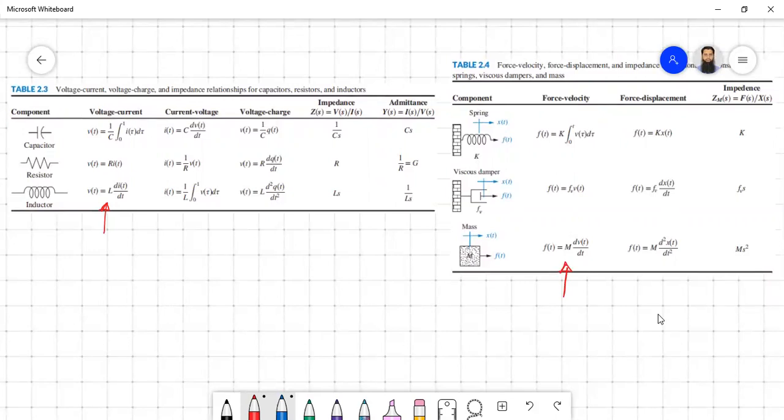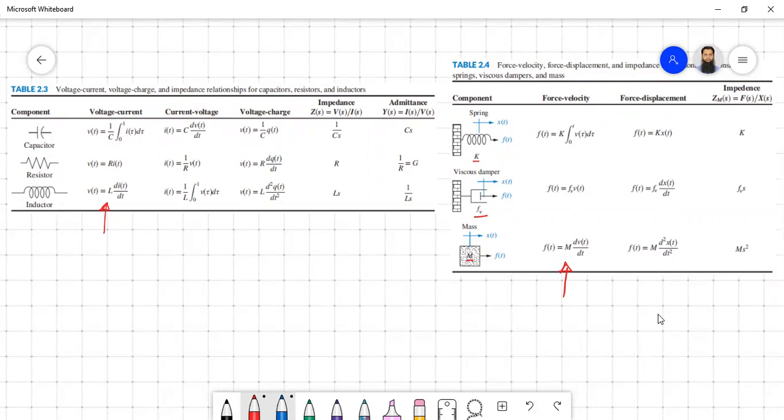The coefficient of the spring is K, the coefficient of the viscous damper is Fv, and the mass itself is M. These are the parameters similar to our RLC. So they also have those parameters K, Fv, M.